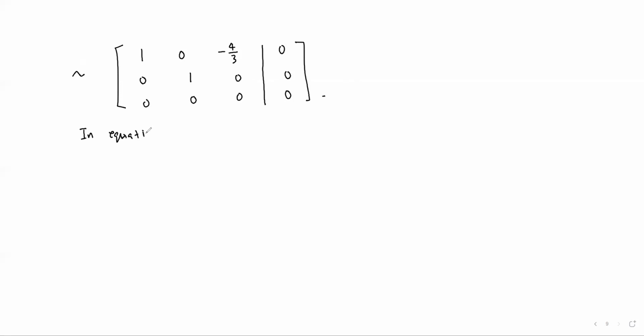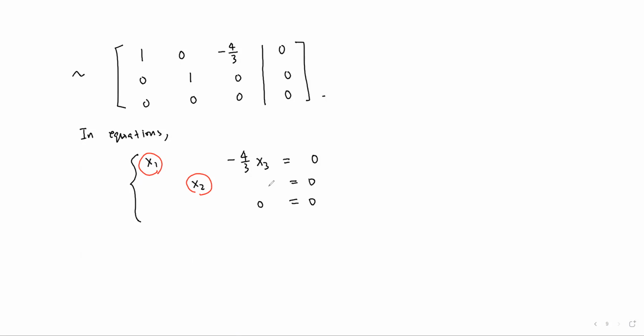Now in equations, this is an augmented matrix. The first row is this equation. The coefficient of x1 is 1, so x1 minus 4/3 x3 is 0, right side is 0. The second row is this equation. Third row, 0 is 0. Remember, x1 basic, x2 basic, x3 is free.